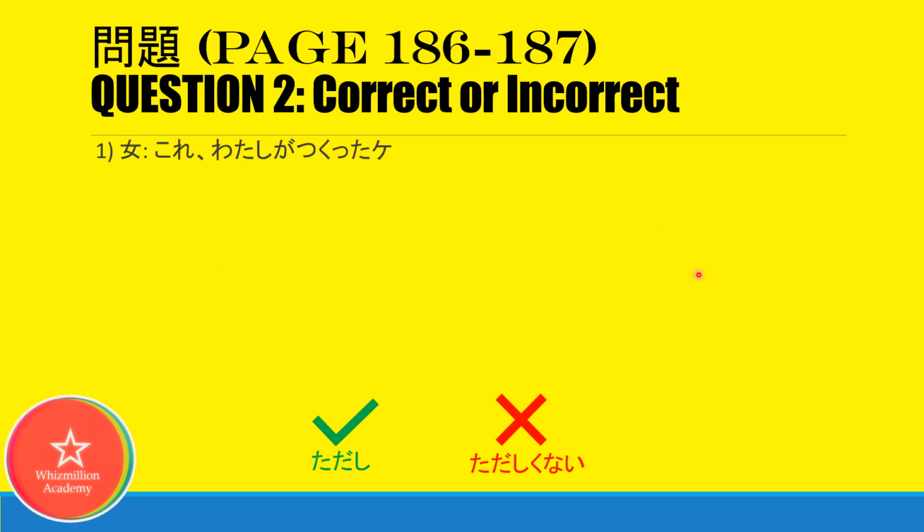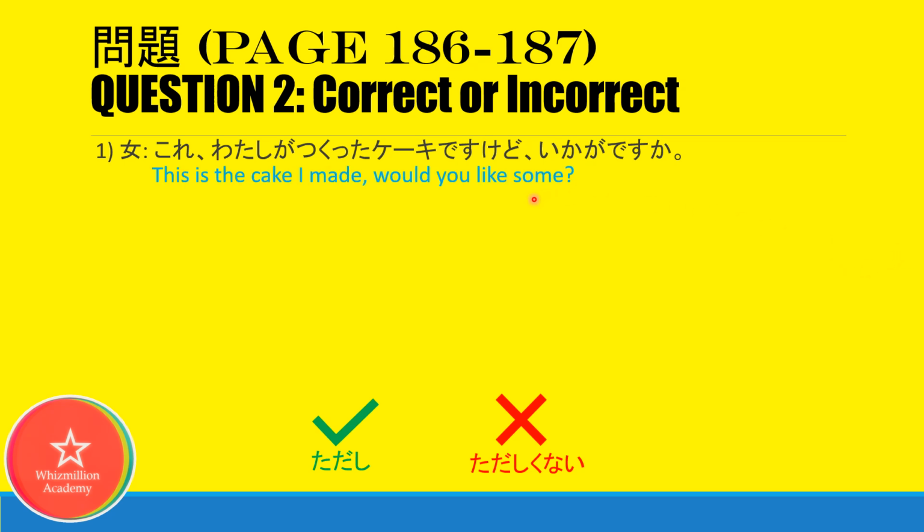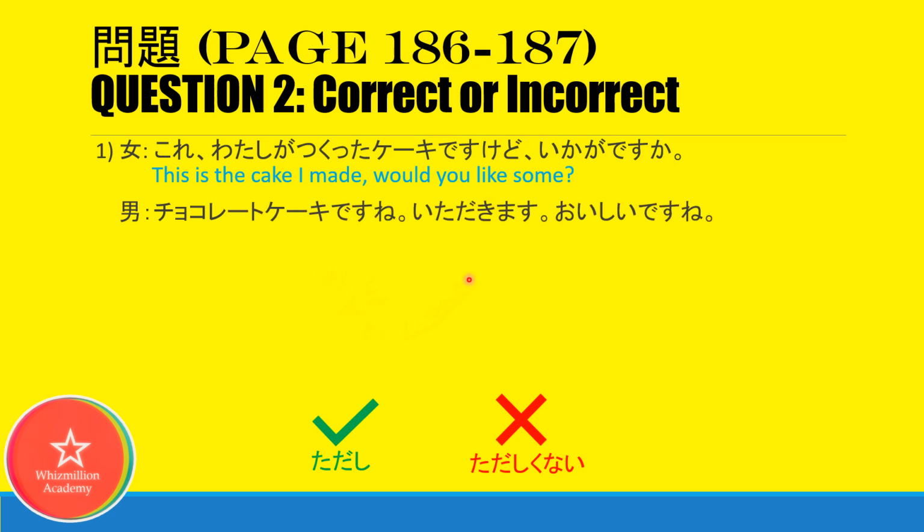女の人。これ私が作ったケーキですけど、いかがですか? This is the cake I made. Would you like some? 男の人。チョコレートケーキですね。いただきます。おいしいですね。It's a chocolate cake. Thank you. It's delicious.